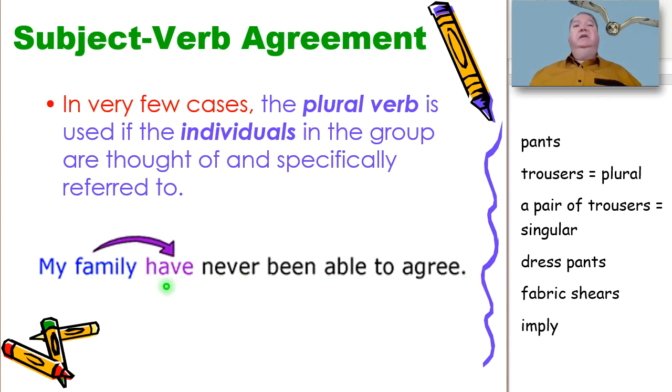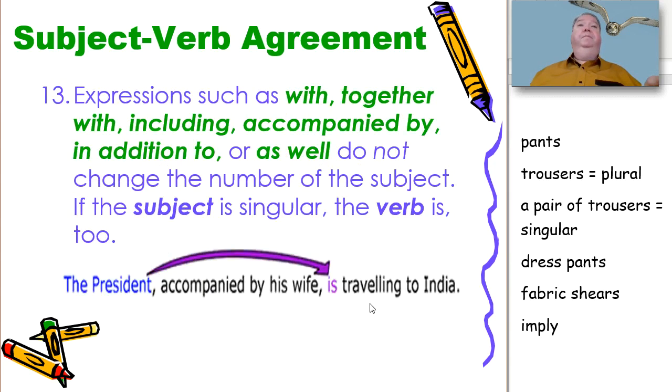So here you're talking specifically about different people, the family members. Now, I would say this is more of a British usage. I think most Americans would not even say this. We would say, like, my family members have never been able to agree. Okay.